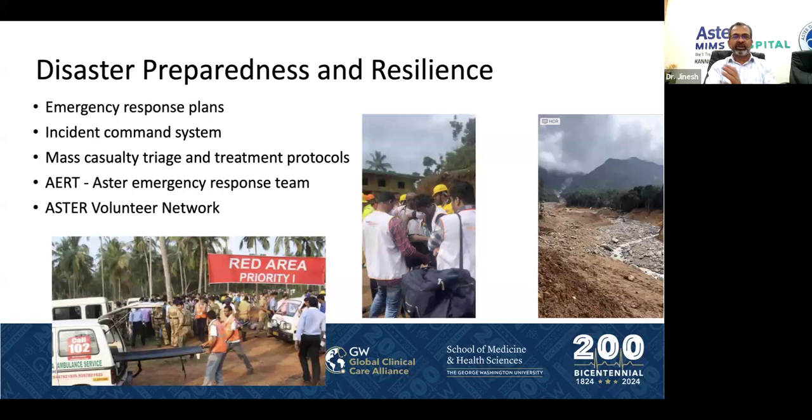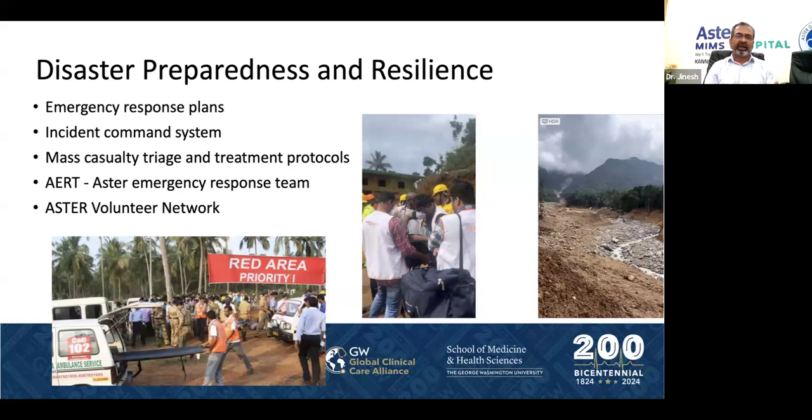So these are a few examples of the disaster preparedness and resilience that we have. All the hospitals under our institute have emergency response plans, and we lead almost all the response teams in all the institutes. There's an incident command system, and we have particular mass casualty triage and treatment protocols for all the hospitals.